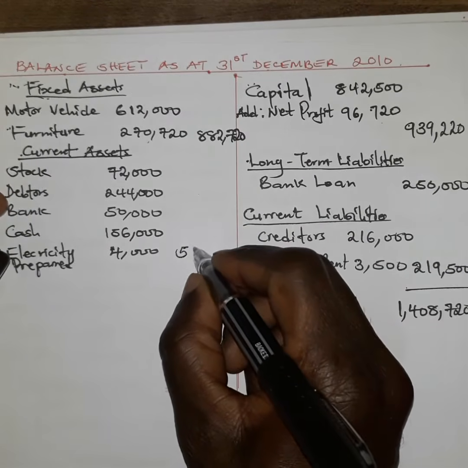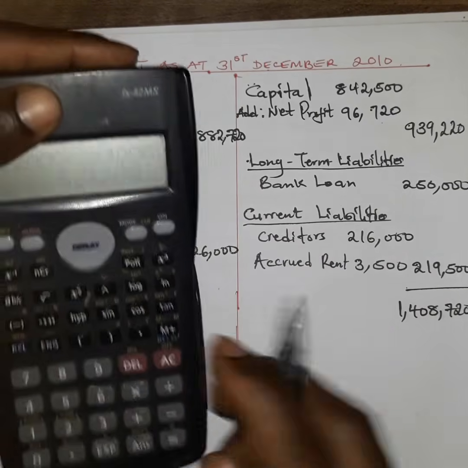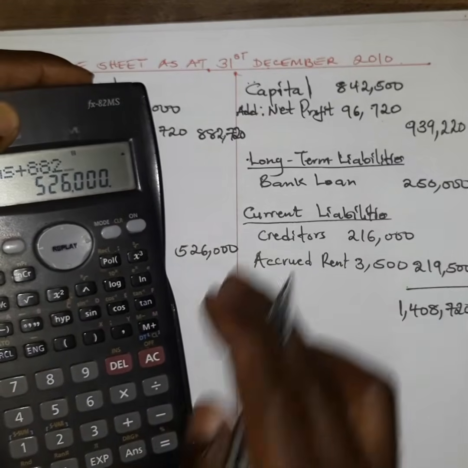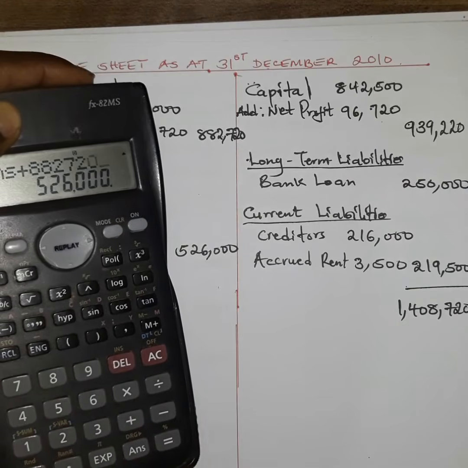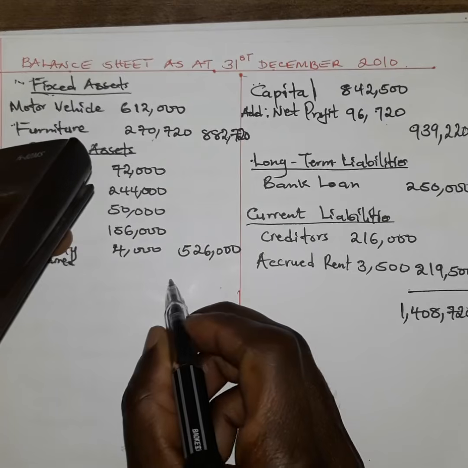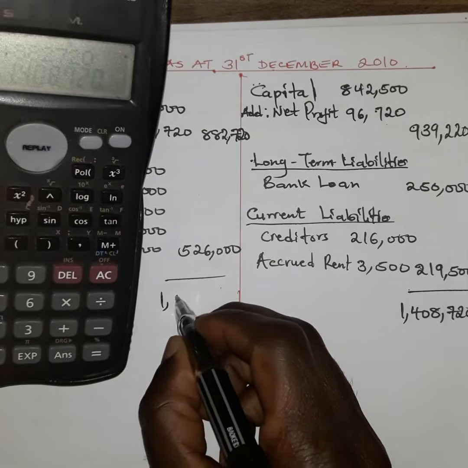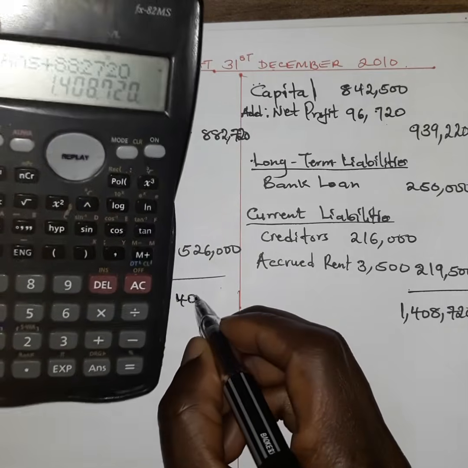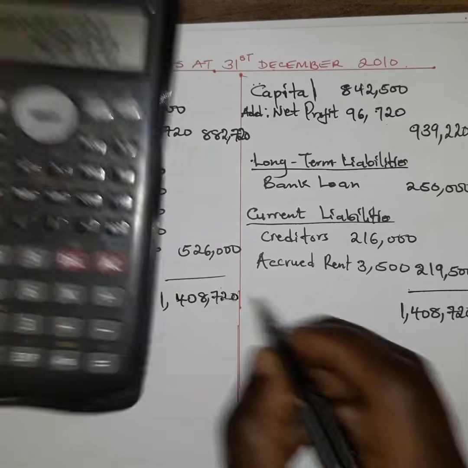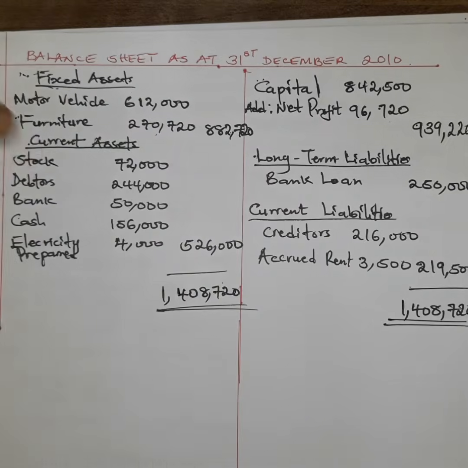We add it to the fixed assets of 882,720. We get a value of 1,408,720. This is how we do our balance sheet.